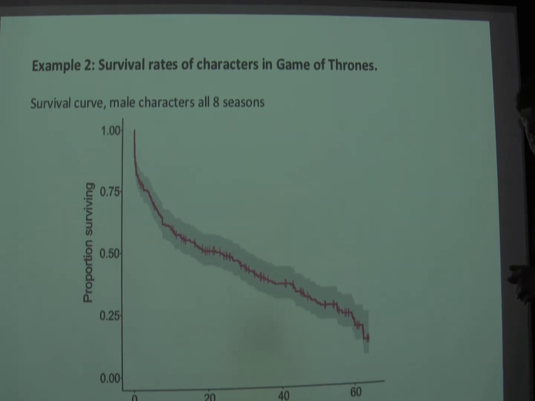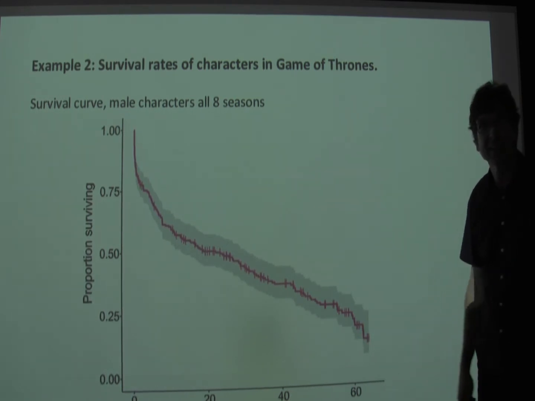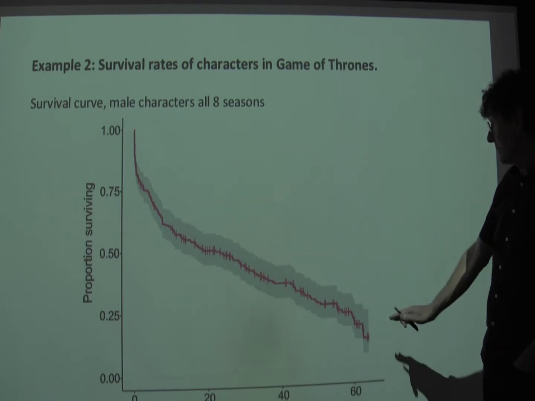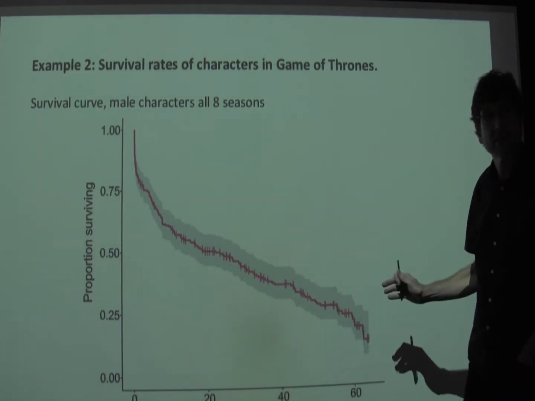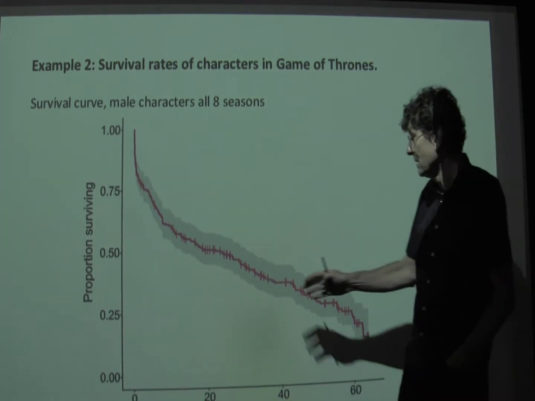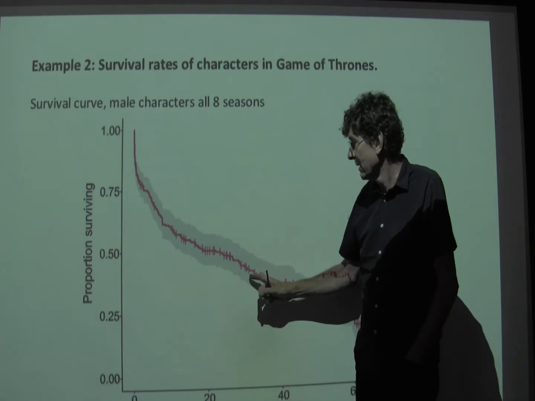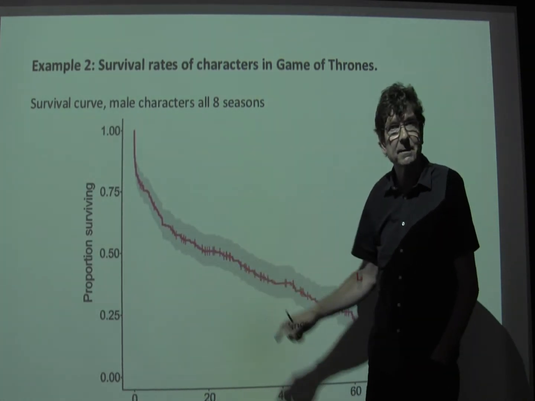So that's what censored data means. And all the characters that were left standing at the end are also censored because we don't know when they died. Even though we don't know their times of death, we can still use them to estimate the survival curve, because we know this particular character lived 30 hours. So he can be used to calculate survival probabilities up to that point in time.